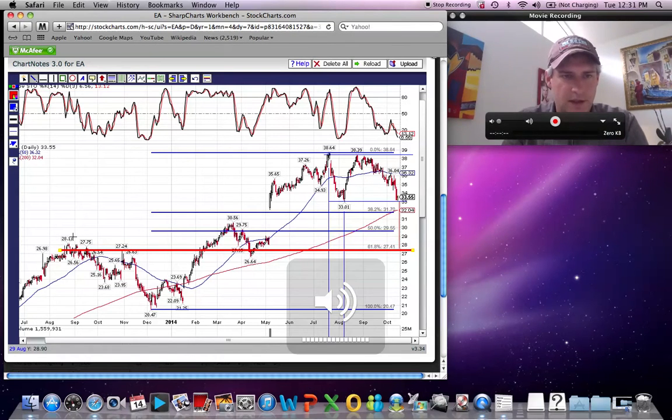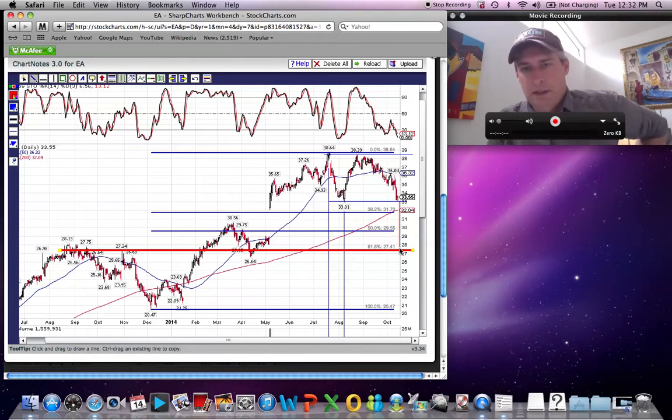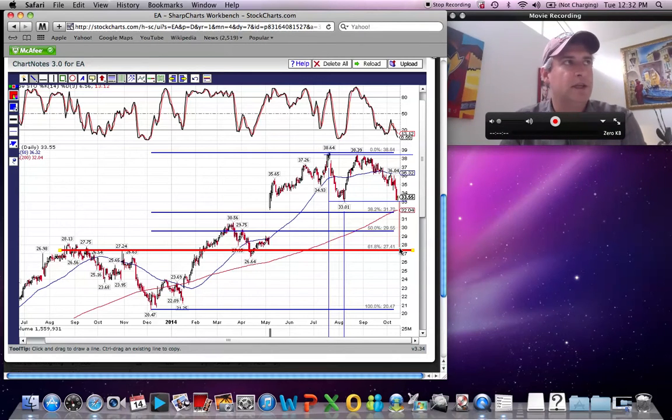If you notice, right here in this area, you got a lot of zigzagging up and down, coming up, touching the line like at the 27.24. That's a lot of resistance. Then you notice here, in this past February, when it finally broke through that line, it came up, it caught support here. Then it continued on. So I would say there's a pretty darn good chance that the price for EA is going to be down around 27, 28 area.